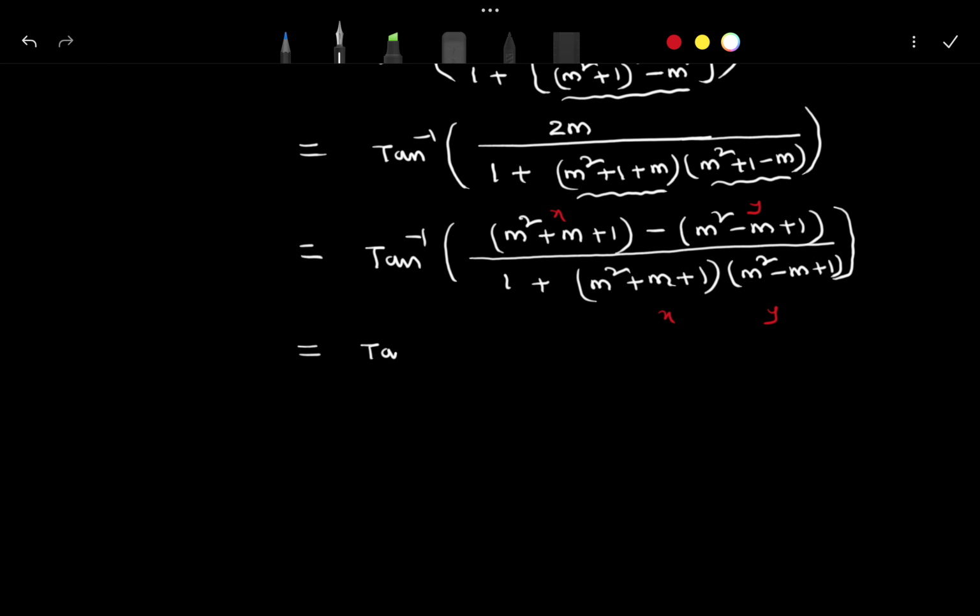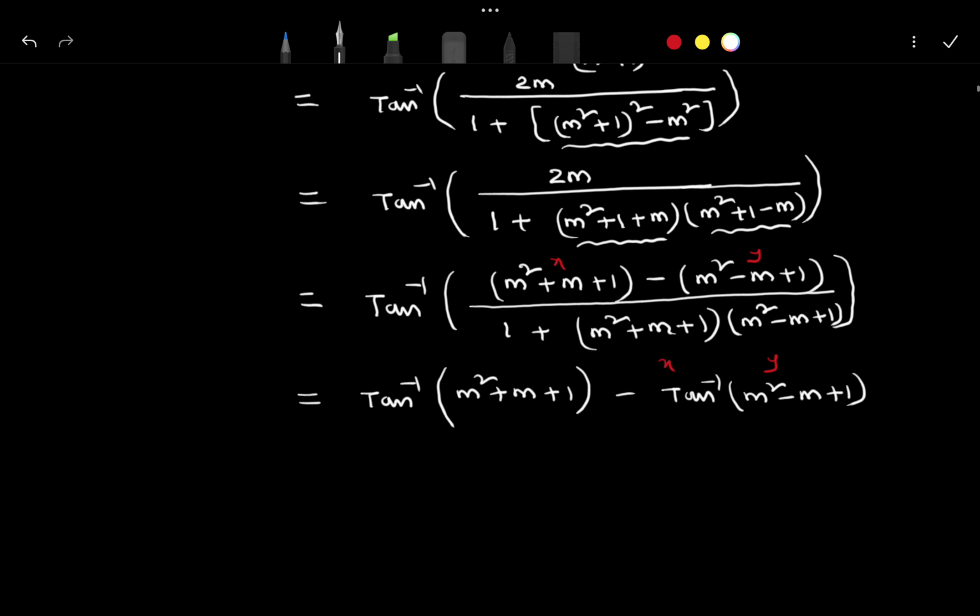So tan inverse x minus tan inverse y means tan inverse of m square plus m plus 1 minus tan inverse of m square minus m plus 1. So this is the general formula.